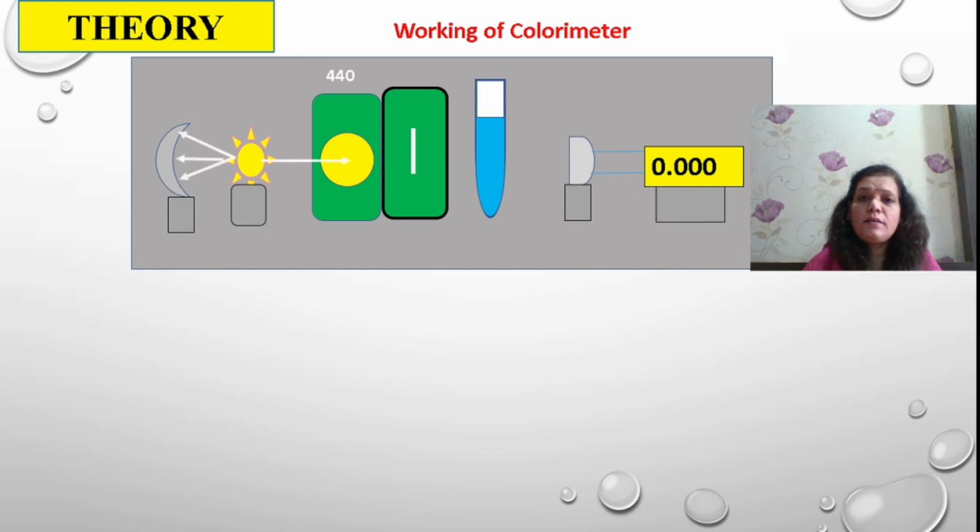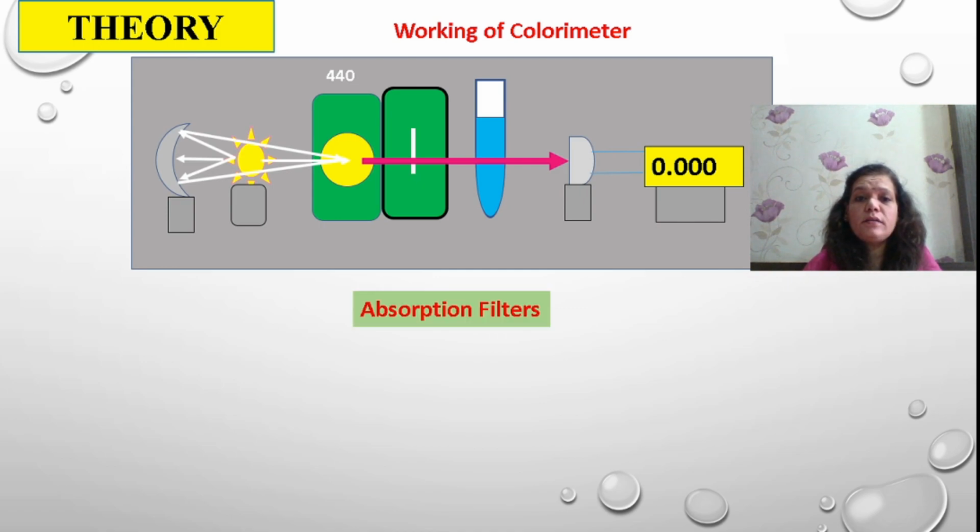So when I start my instrument, the source of light will be lit up and will pass light through the selected filter towards the solution, and pass the transmitted light to the detector, which will give me a reading on my digital device.